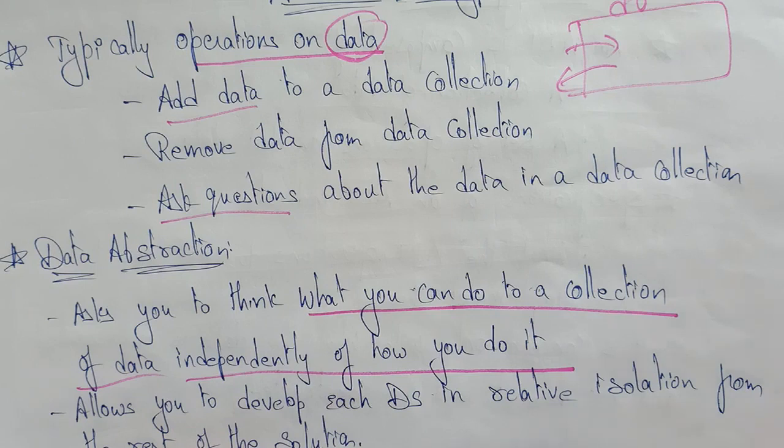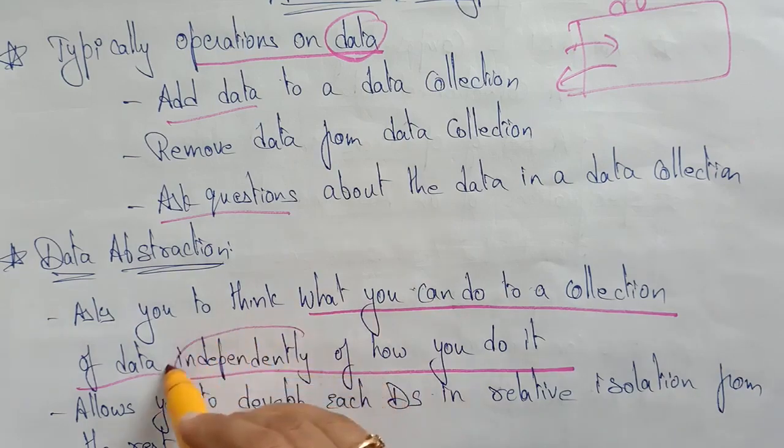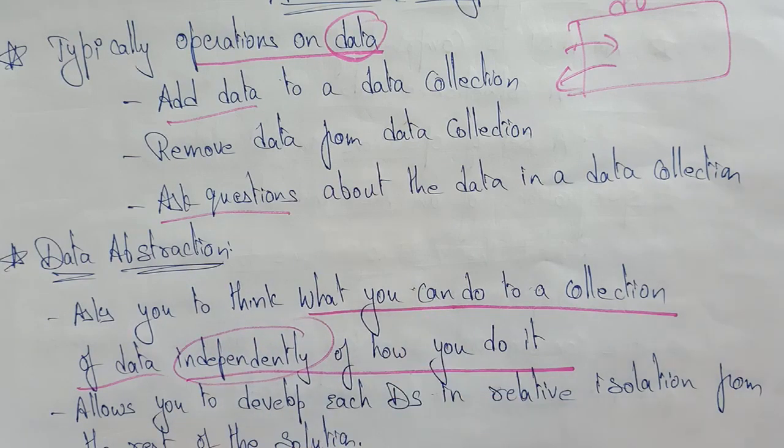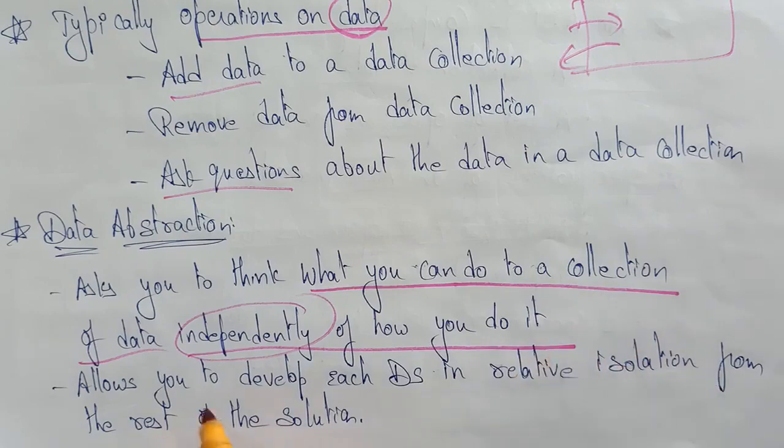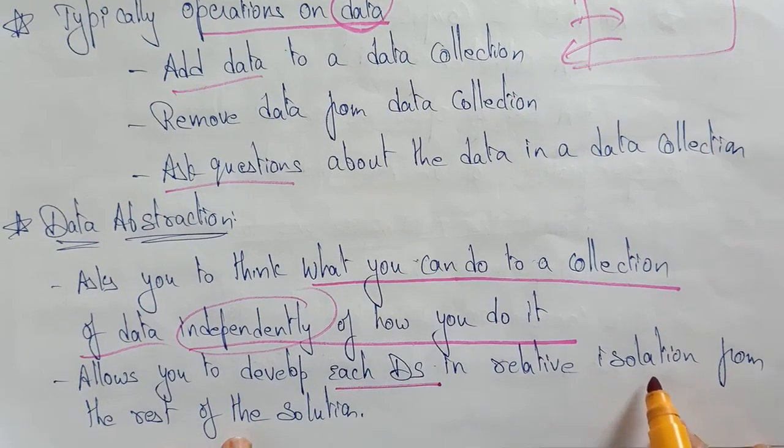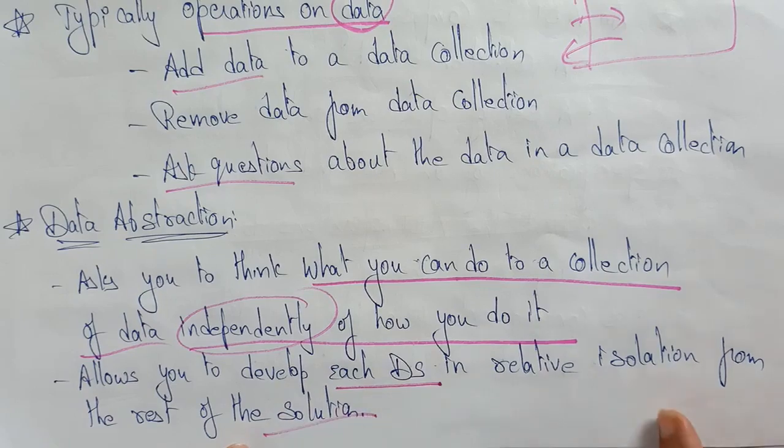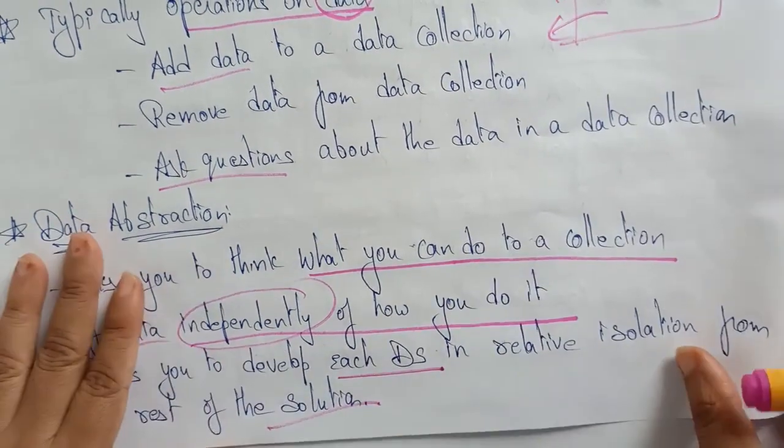You are having data, so what you can do on this collection of data independently, so that others may not be affected. If you do it independently, other data may not be affected. That is data abstraction. It allows you to develop each data structure in relative isolation from the rest of the solution. I'll explain what that means.